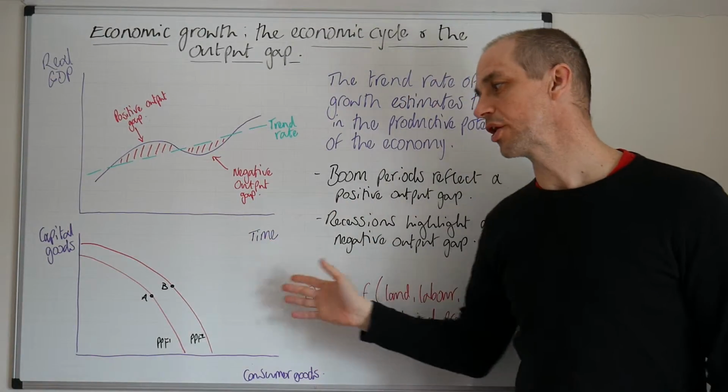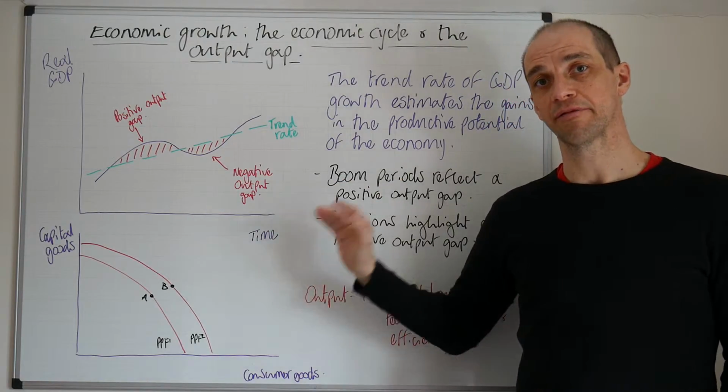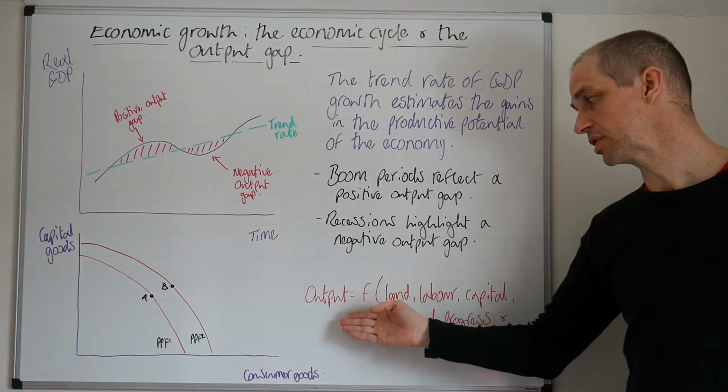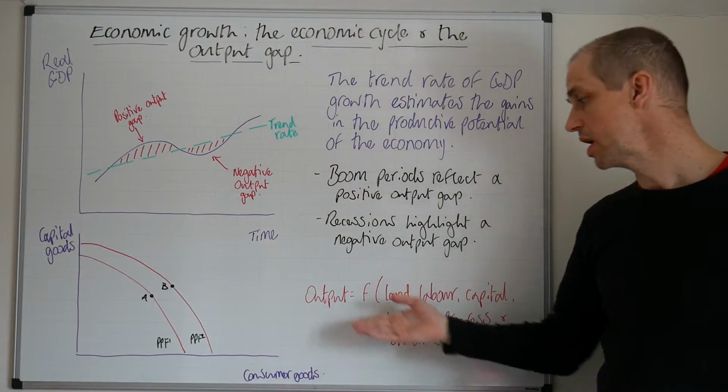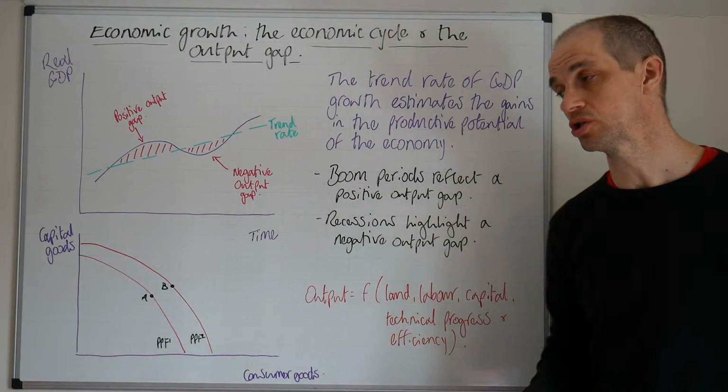Right, now we can also represent economic growth via a PPF. Here I've just drawn two PPFs, and just coming back to this, output or GDP is a function of land, labour, capital, technical progress and efficiency.